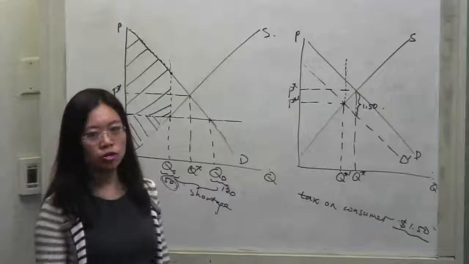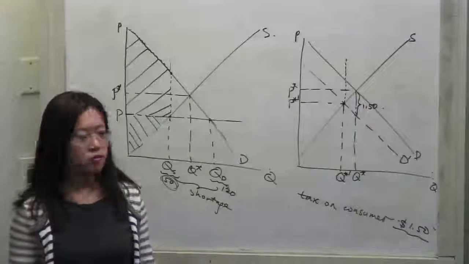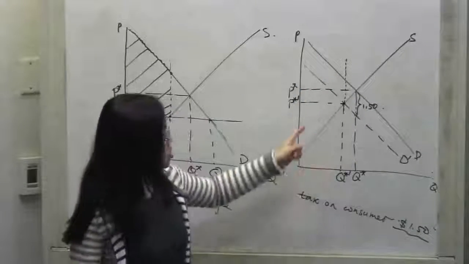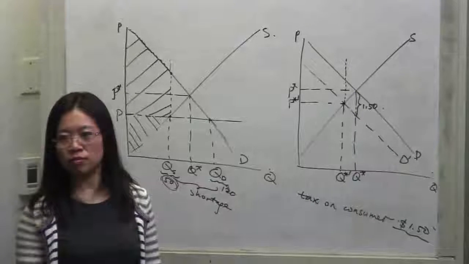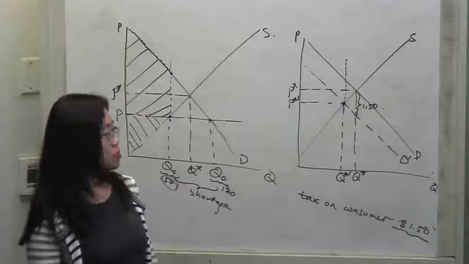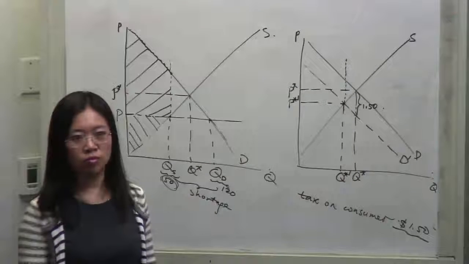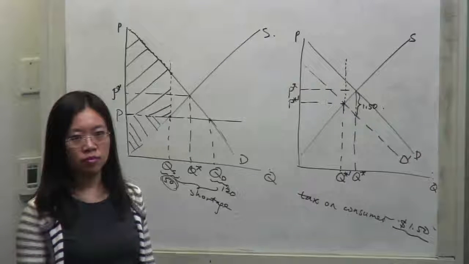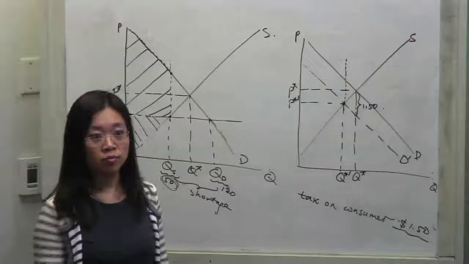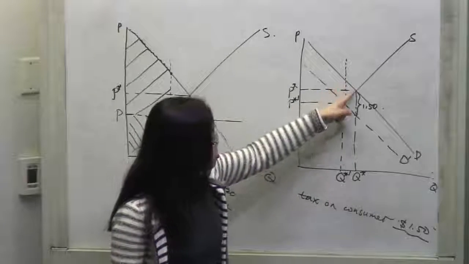By now, you should know directly which area is the deadweight loss. After you figure out this line, which area is the deadweight loss? The graph has already given you the clue. Which area? Is it to the right of that line? Yeah, that's right.